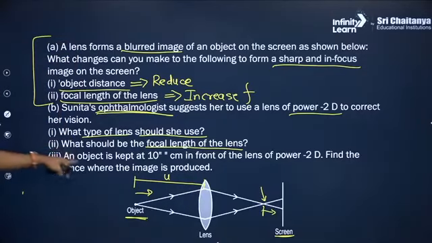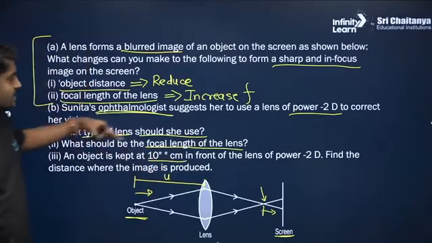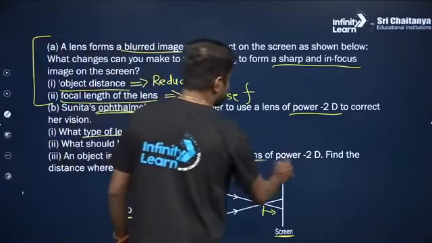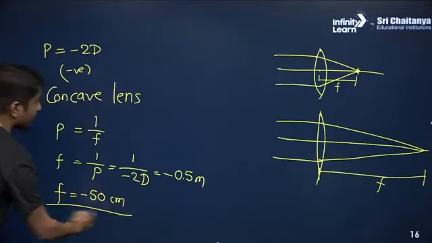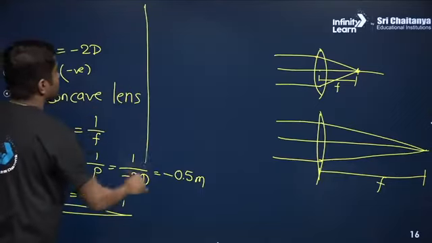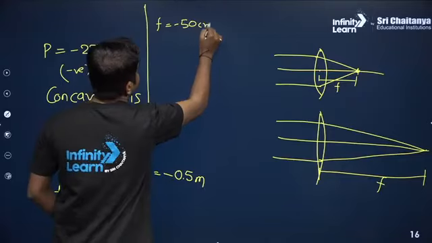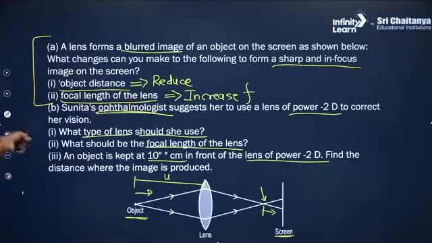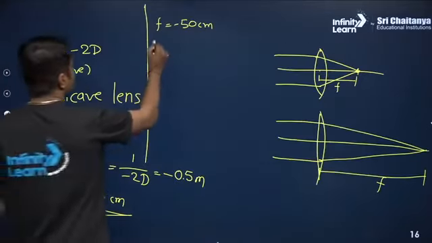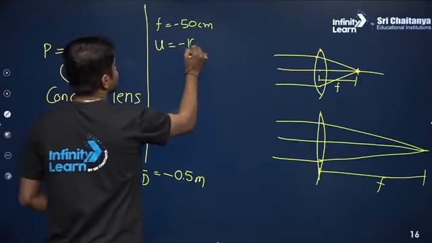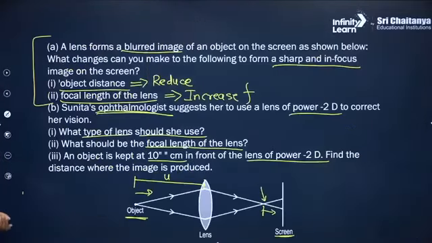And the third one, object is kept at 10 centimeter in front of the lens. The power of the lens is -2 diopter. So we have already checked the focal length is -50. So I will do it here. Focal length is given as -50 centimeter. Object is kept 10 centimeter in front of the lens. So U is -10 centimeter. Okay, and what was the question?